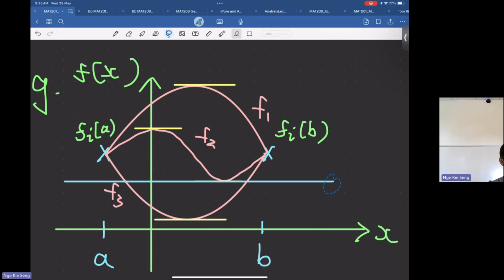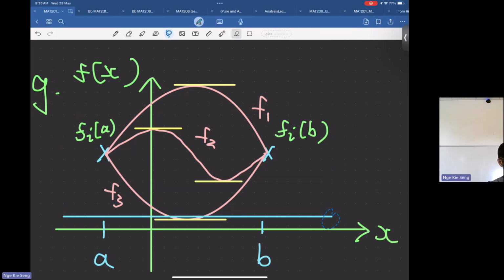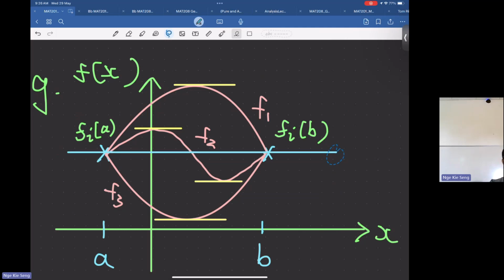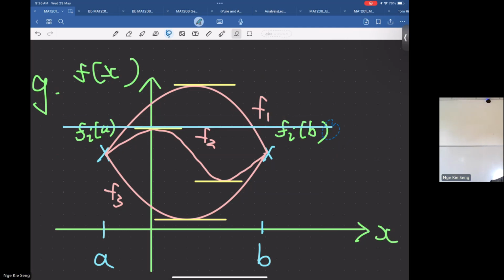So you want to find a point in the middle of a and b such that it has a horizontal gradient. What's the gradient? 0. The first derivative is 0. So the first derivative 0 refers to the horizontal tangent line. Make sense? Can everyone see?